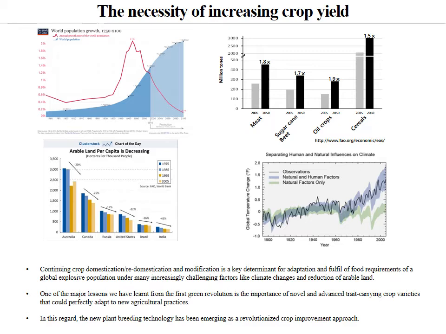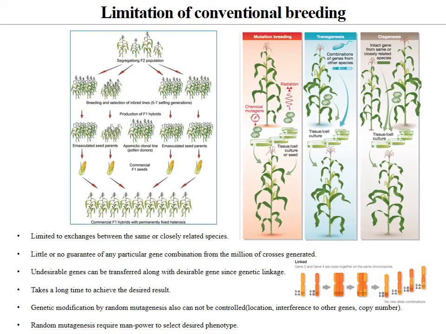It should be more efficient. Conventional breeding has some limitations. First is the limit to exchange between the same or closely related species. Second is little or no guarantee of any particular gene combination from millions of crosses generated. Third is gene linkage.